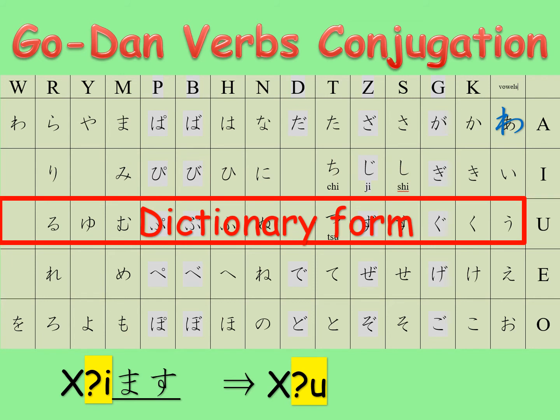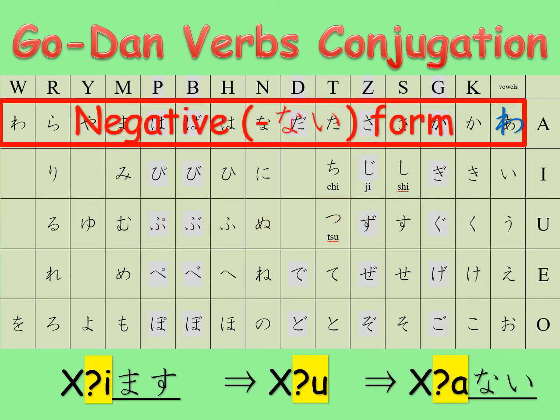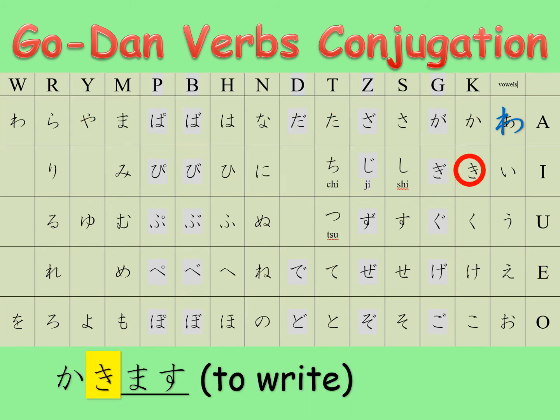So all Godan verbs end in a U sounding letter. In order to make it into negative, we need to move that into the top tier and add ない. Very easy. Let's have a look at a few examples.